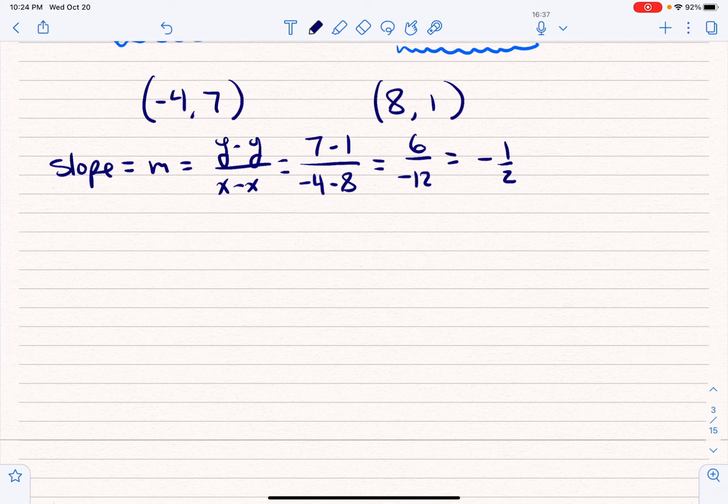Now, maybe you switched the order of your x's and y's, and you did 1 minus 7 over 8 minus -4. Well, no, I'm sorry, it wouldn't be -8; it'd be 8 minus a -4. 1 minus 7 is -6. 8 minus a -4 is 12. And either way, that reduces to -1/2. So it doesn't matter which point you use first.